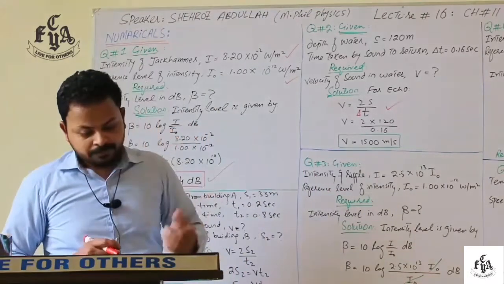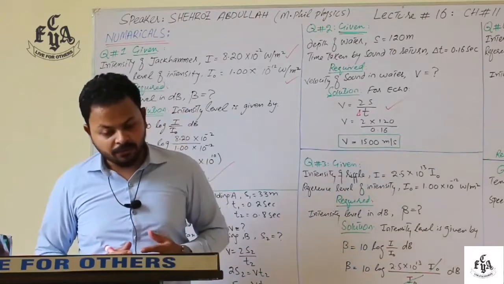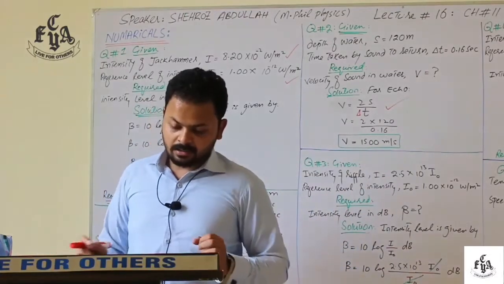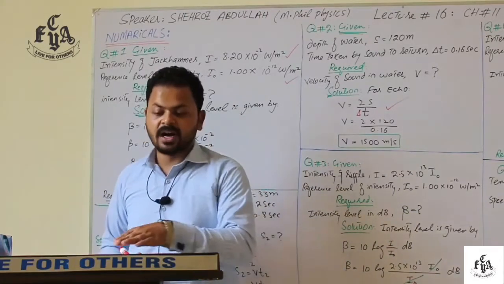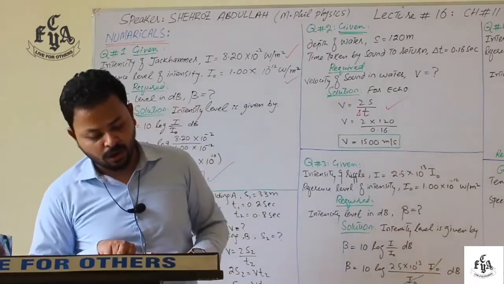Okay, now coming towards question number 3, it says a gunshot from a .22 rimfire rifle has an intensity of I is equal to 2.5 into 10 to the power 13 I naught.